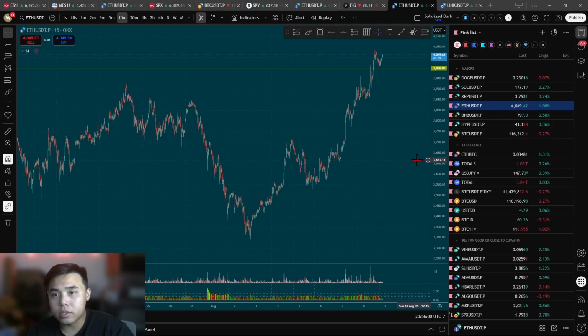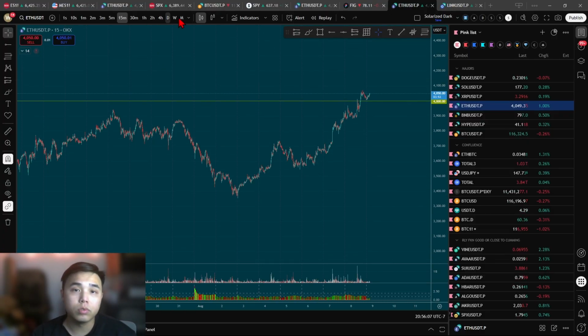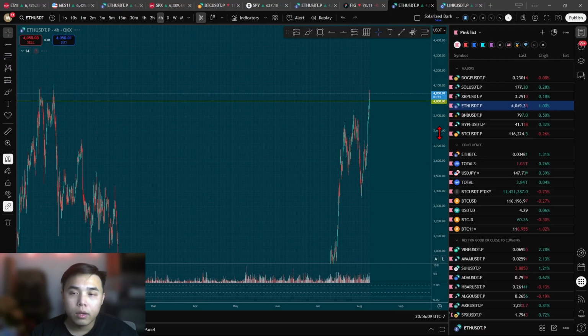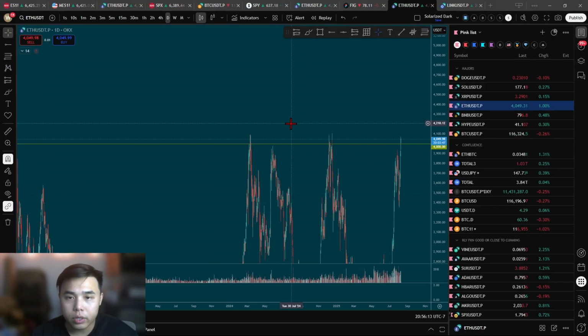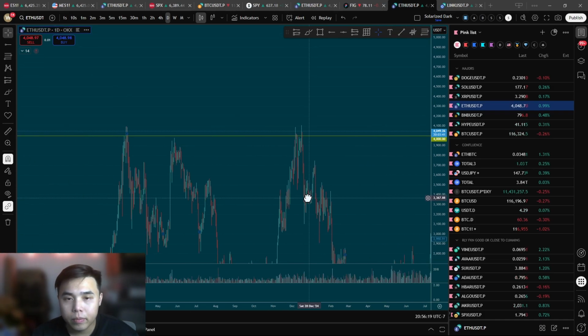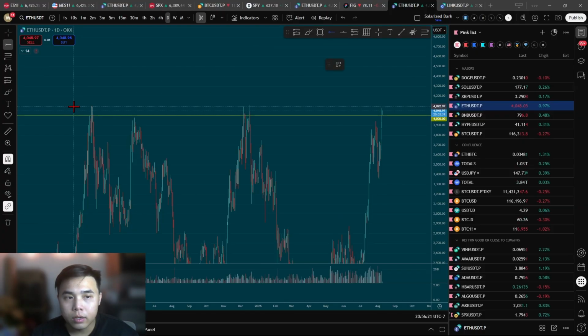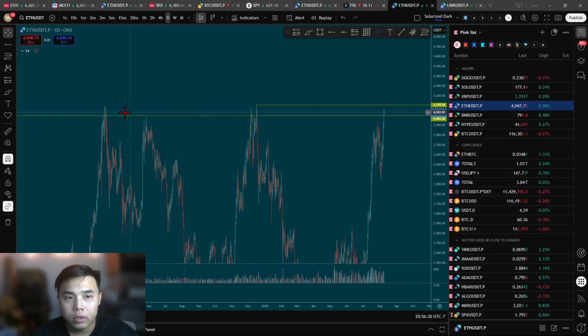And I'm using ETH as an example here because it's at a key level and could be a good example to utilize. However, you'll notice that we actually have highs over here. There have been highs that defined the top of 2024, for example, at 4109.